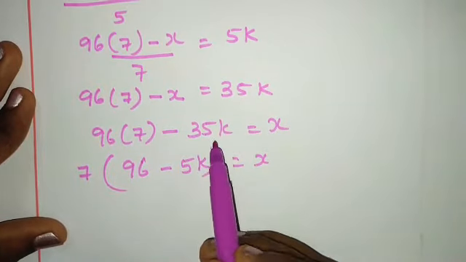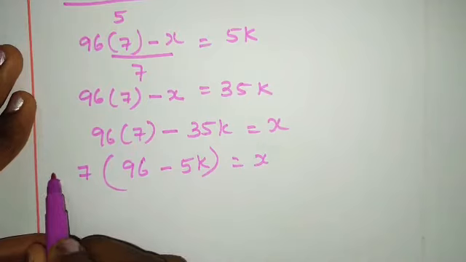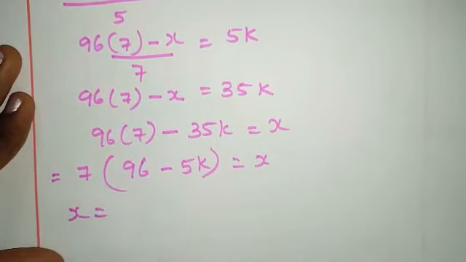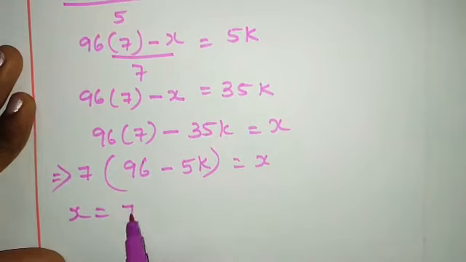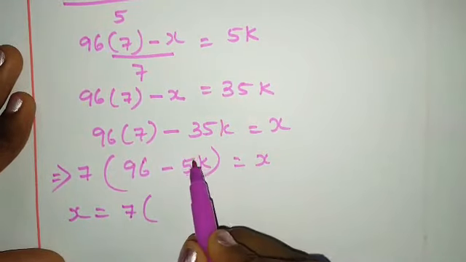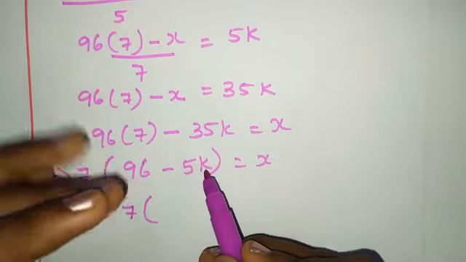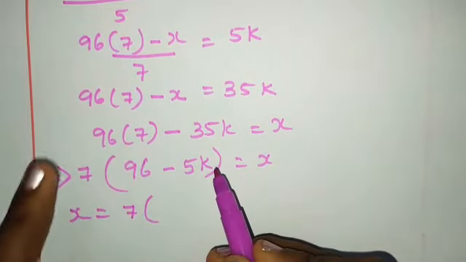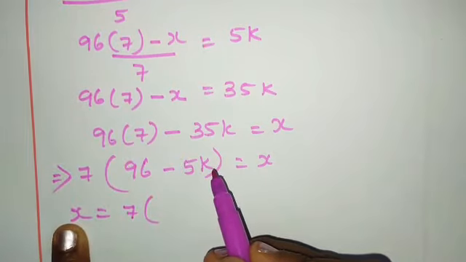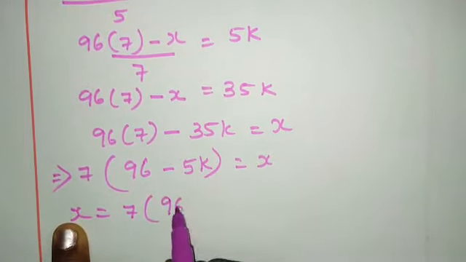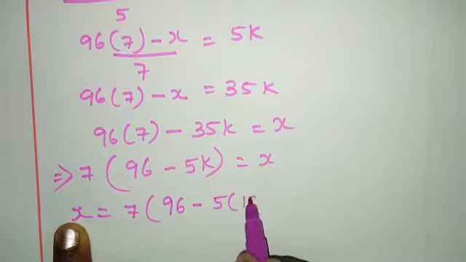Okay. So now what we'll do? x is equals to, I'll just write this side. So x is equals to 7 into. So in the place of k, you have to substitute some value so that you should get the least x value. Okay, so I'll substitute 19.